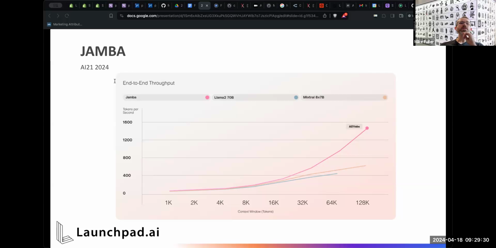It's 12 billion active parameters and an overall 52 billion parameters because it uses a mixture of experts. It supports 256K context length and can fit 140K tokens on a single 80 gig GPU. So it's pretty considerable, I'd say.